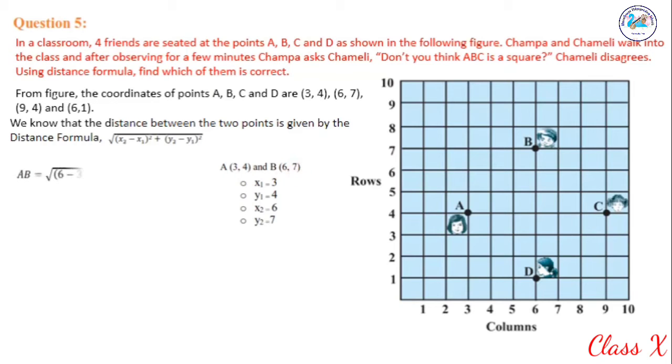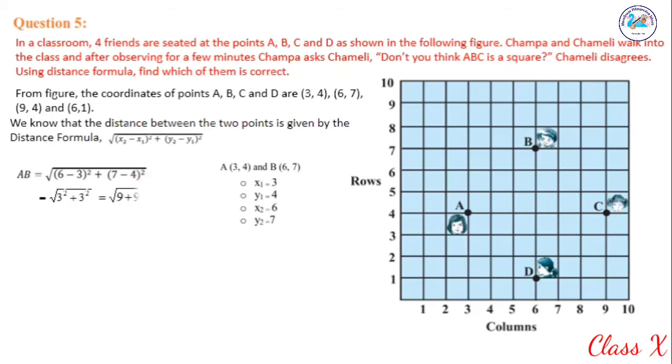By using the distance formula, let us calculate the distance AB. That is root of (x2 minus x1) the whole square, 6 minus 3 the whole square, plus (y2 minus y1) the whole square, 7 minus 4 the whole square. Calculating, 6 minus 3 is 3 square, 7 minus 4 is 3 square.